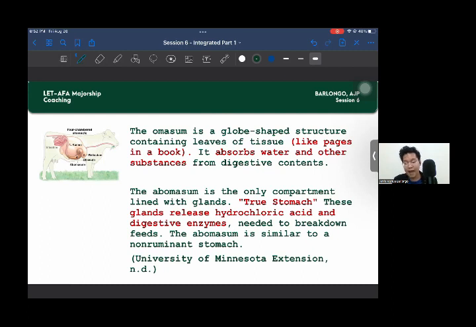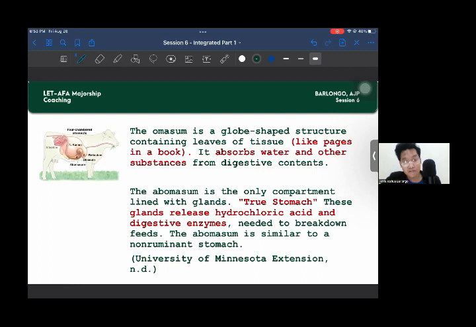And of course, we have abomasum. Ang abomasum, ito yung pinapertain na true stomach. Ayan. So, ang abomasum, ang kanyang function is same with our stomach. Ayan. So, andito na nare-release na yung hydrochloric acid and digestive enzymes na nagbe-breakdown ng mga pagkain.